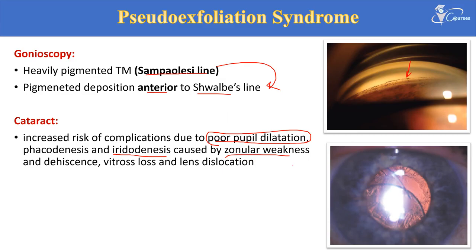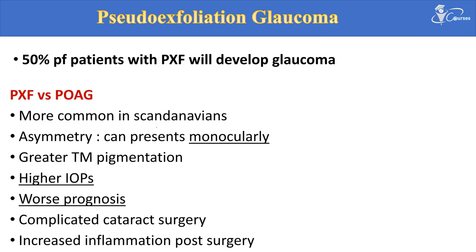So even if the surgery went uneventful, the patients may present later on with subluxation or dislocation of the intraocular lens, and so on. So these are the complications of pseudoexfoliation in the cataract. About the glaucoma, 50% of patients with pseudoexfoliation will develop glaucoma.